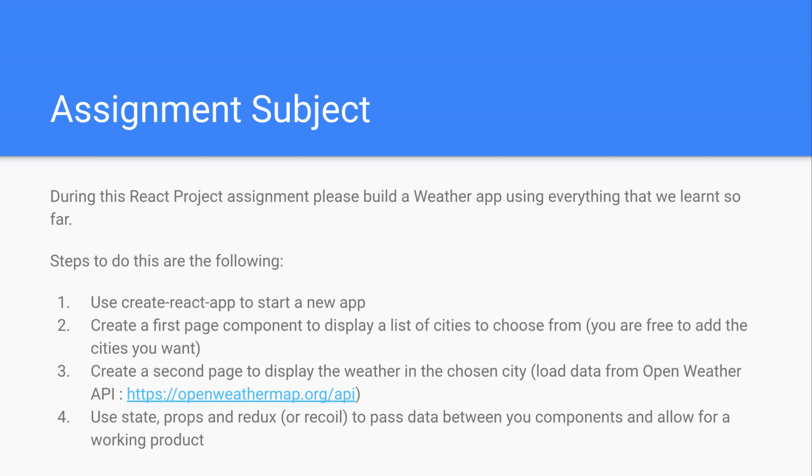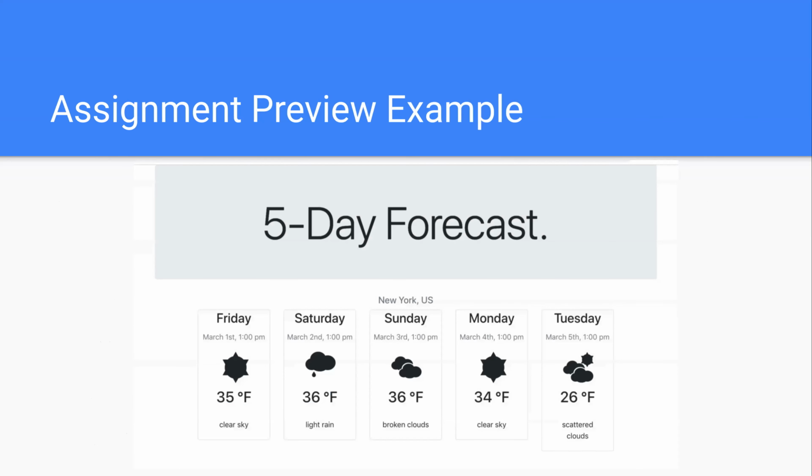Use state, props, and Redux or Recoil to pass data between your components, which ultimately would look a bit like this. It doesn't need to be exactly like this, but you choose a city and you get weather forecasts for that city displayed on the next page.